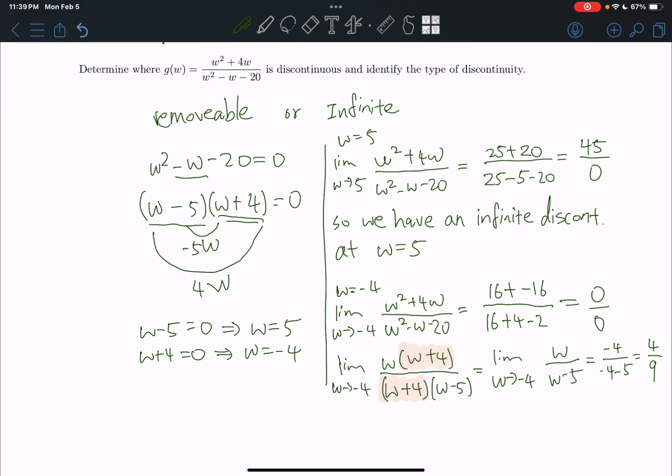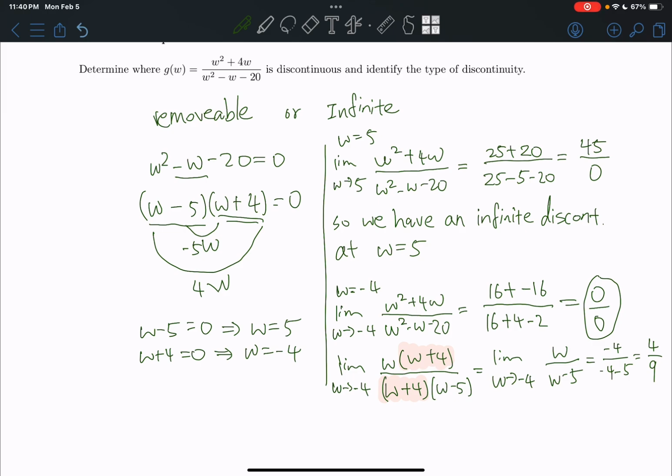The point here is that for a removable discontinuity, we can get a limit of the function, such that if we use a piecewise function to plug in that hole, we can essentially remove the discontinuity. So 0 over 0 is a big indicator that it could be a removable discontinuity.